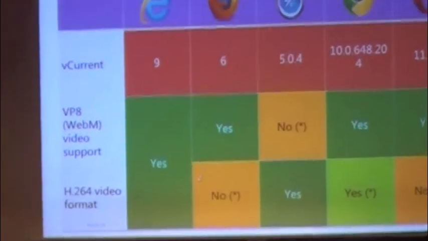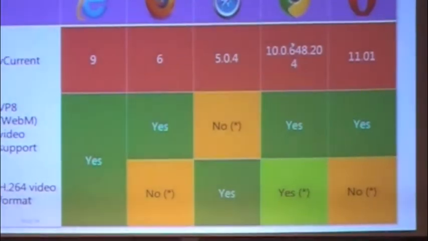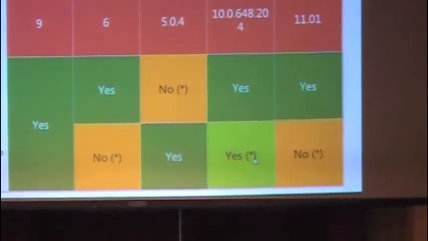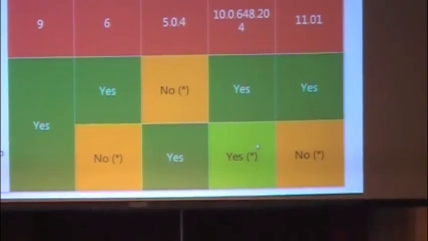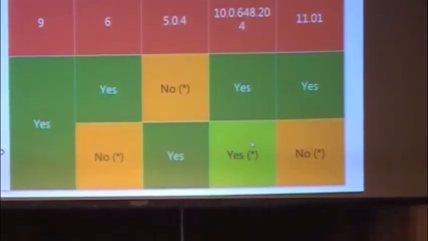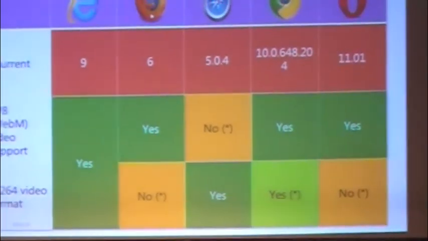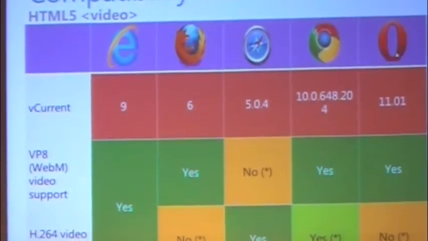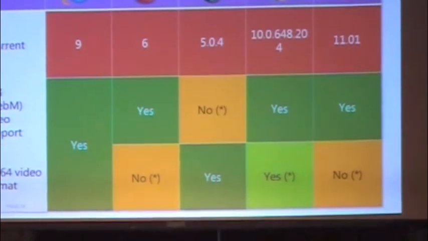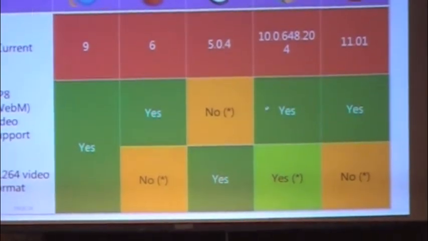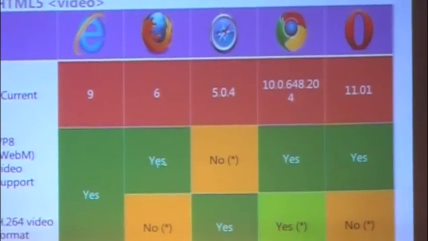Chrome also supports WebM, and they said they may not support MP4 anymore, but as of today they still support it. Safari only supports MP4, and Firefox and Opera don't really like to pay the license fee, the royalty fee for the industry, for those MP4 files. So they say they're only going to support WebM.